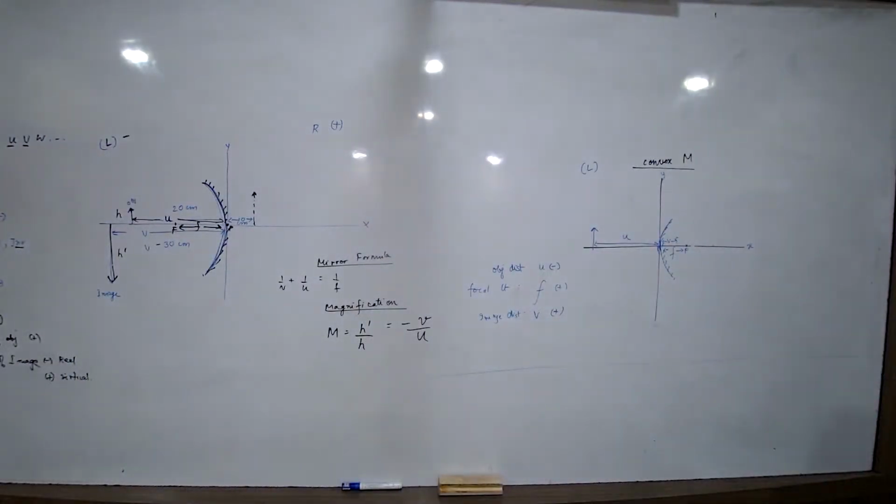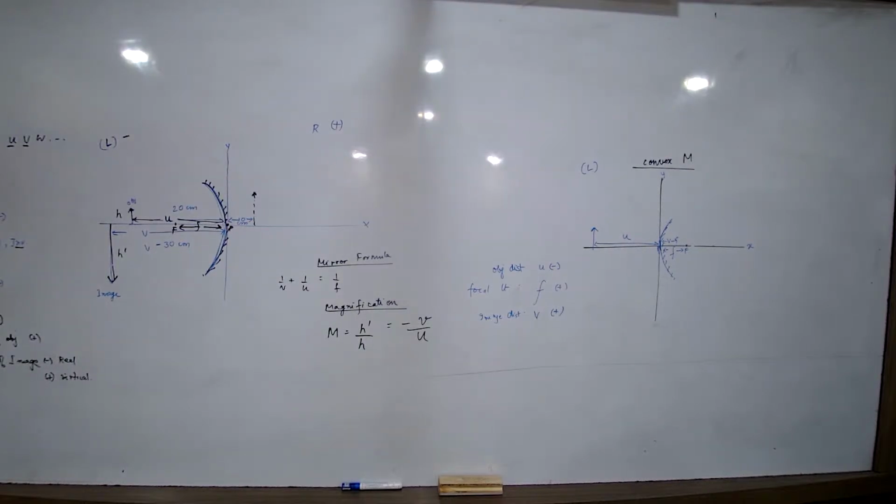Take it now. Put a tick mark here. Last paragraph, look at the last paragraph. You may note that the height of the object is taken as positive. Don't distract, please. To be positive as the object is placed above the principal axis.